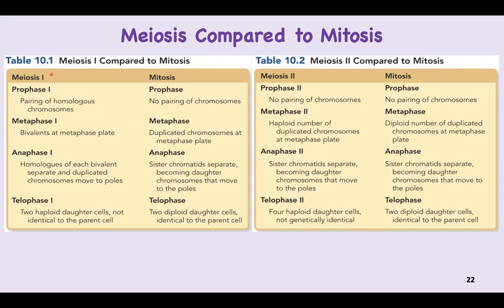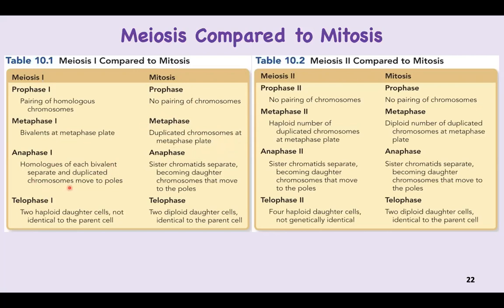In prophase 1, there is pairing of homologous chromosomes and crossing over. Mitosis doesn't have this. In metaphase 1, the bivalents are at the metaphase plate. You only refer to them as bivalents because there is crossing over. Otherwise, we refer to them as duplicated chromosomes or homologous chromosomes at the metaphase plate in mitosis.